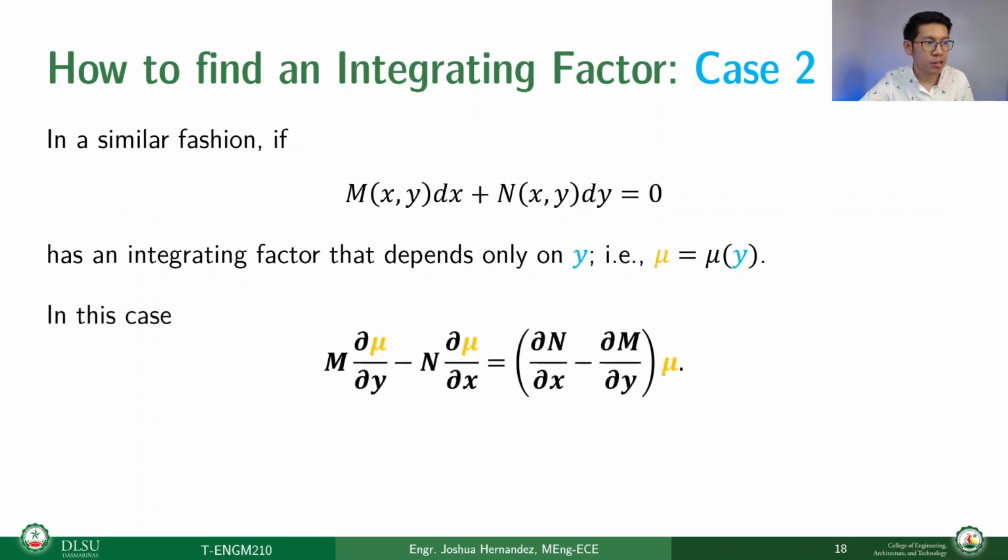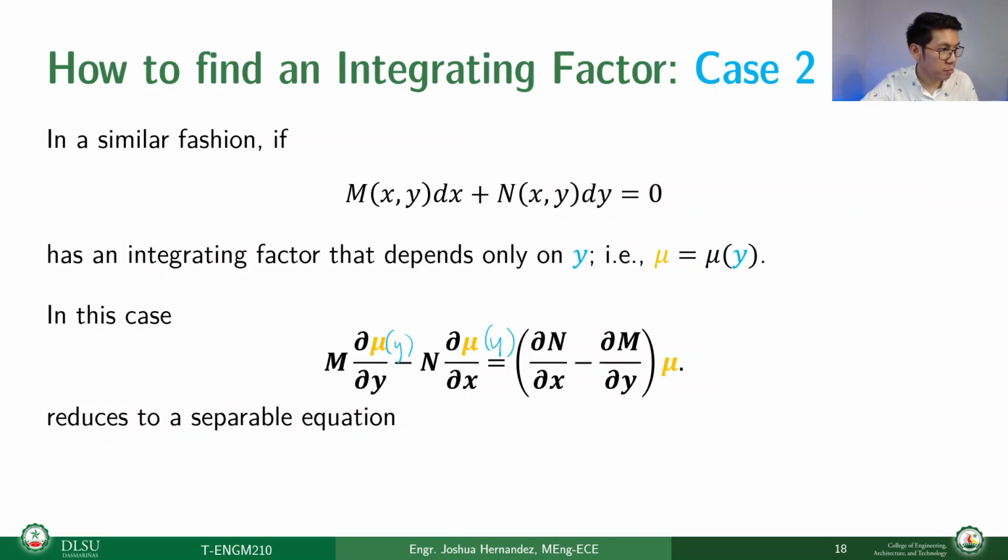In this case, yung ating PDE kanina, partial differential equation, having this form, can now be reduced to a separable equation. How? Because we know that the derivative with respect to x naman, this becomes mu of y kasi, right? Mu of y, and mu of y.